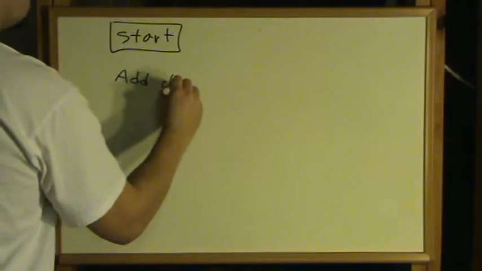Let's continue our discussion of flowcharts. When last we left our intrepid hero, he was trying to make a sandwich, and you saw we used blocks such as something called start, or add cheese.